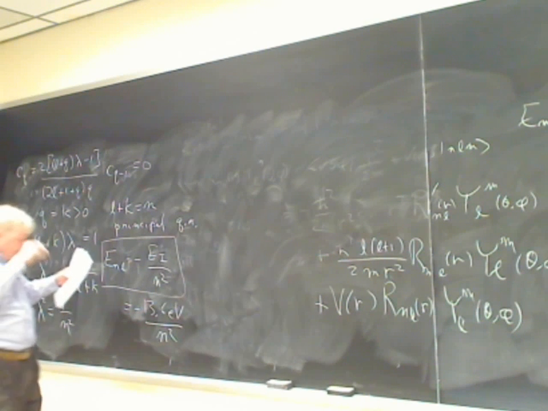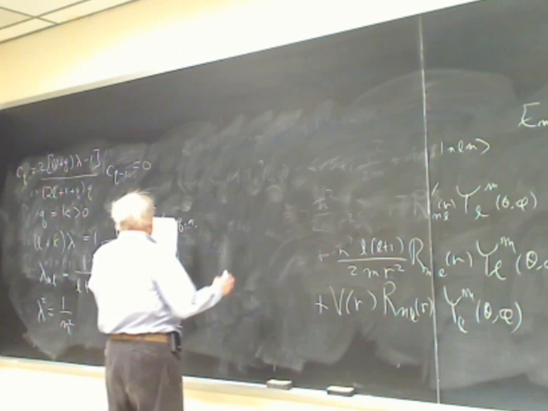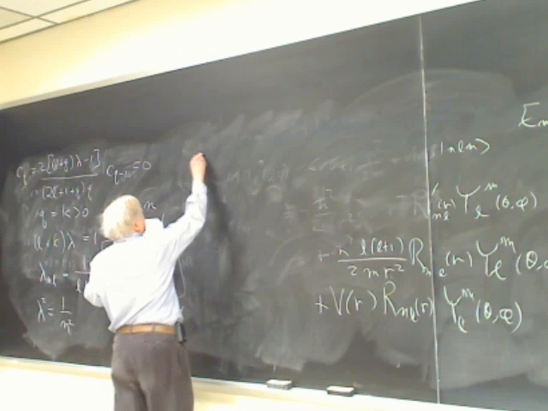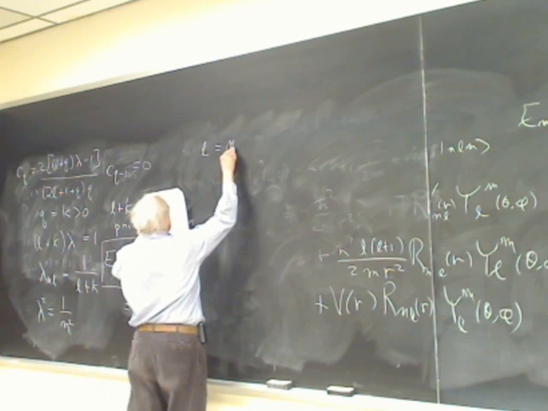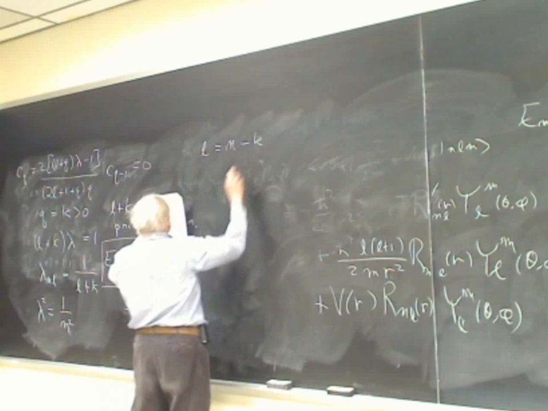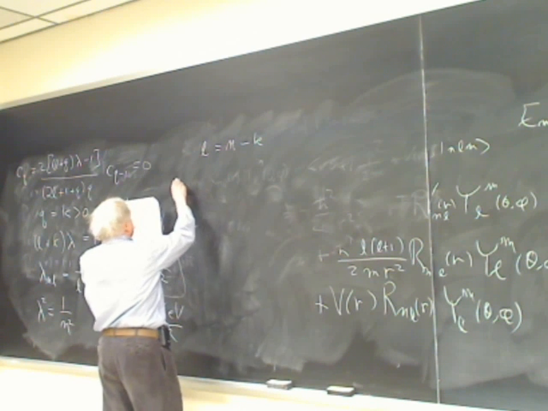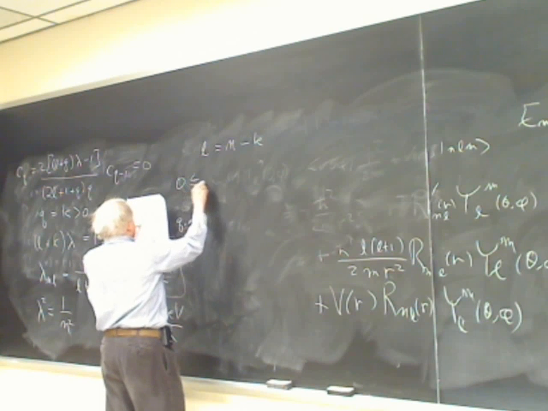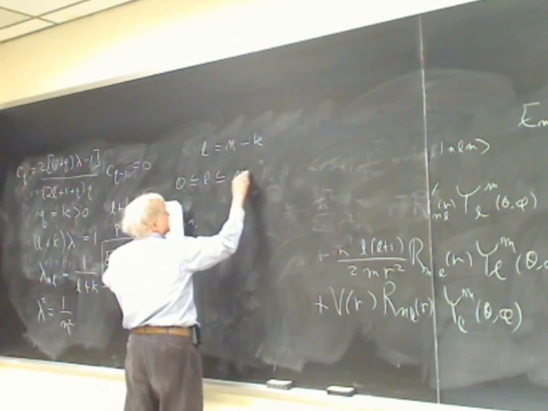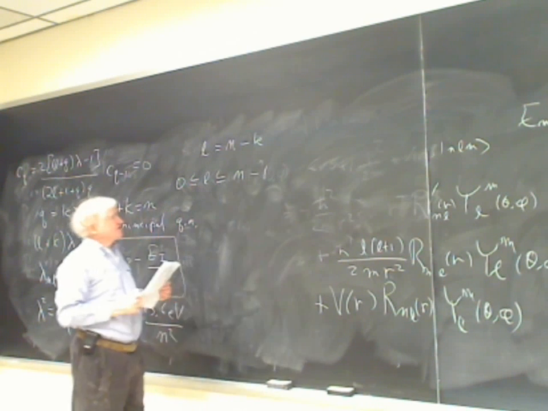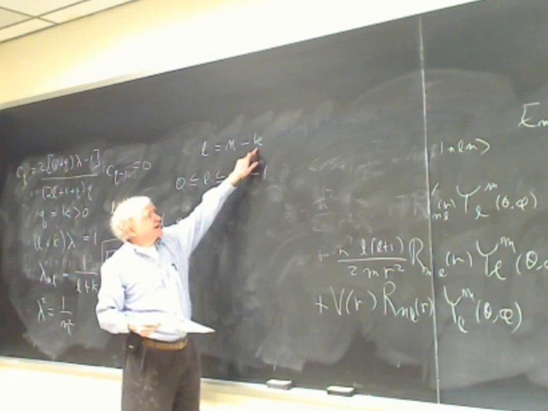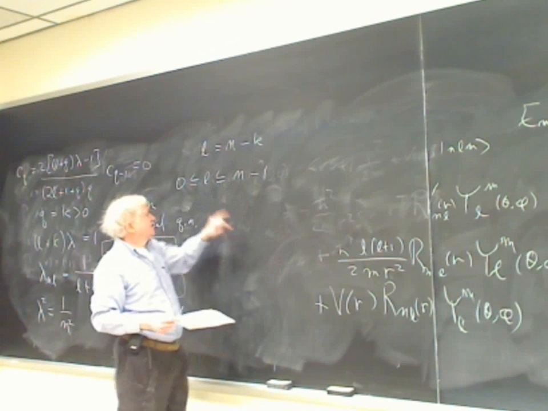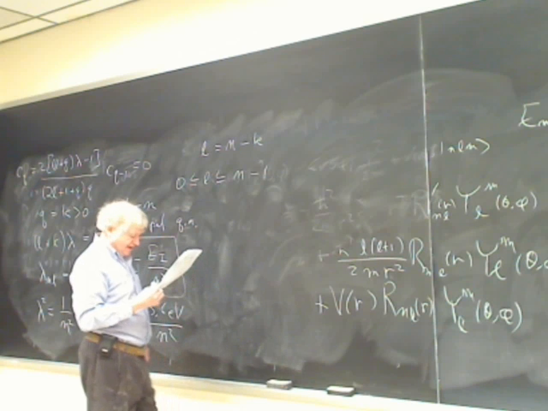So that means that l, which is n minus k, could be 0 and is less than or equal to n minus 1 because k can't be any smaller than 1. So l runs from 0 to n minus 1.